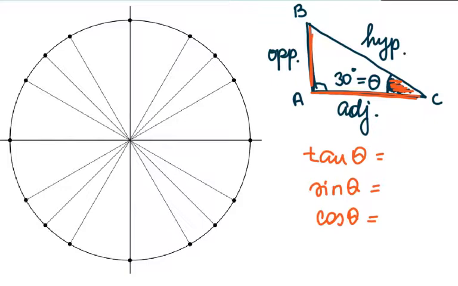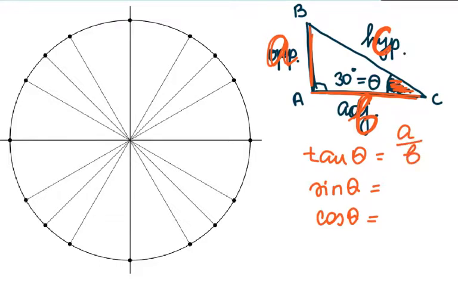I'm going to call the sides A, B, and C. So this is A, this is B, and this is C. For tangent, it's going to be the opposite over adjacent, so it's A over B proportion.